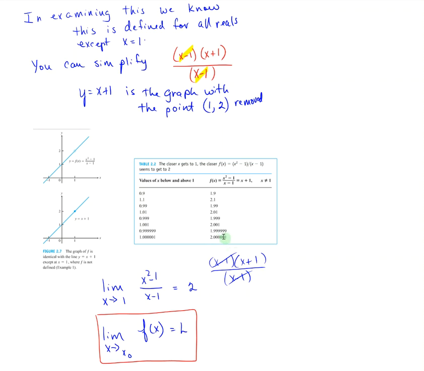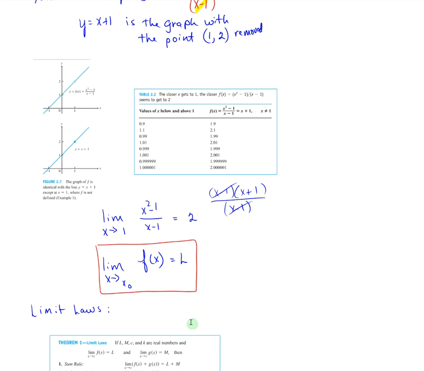We don't actually reach there because it's undefined, but we're getting very close. That's what the limit is saying. The limit as x approaches 1, that's what that arrow tells you to read, of this function is 2. When you get close to 1, the y values get close to 2. L is the limit. So that's the idea of the limit.